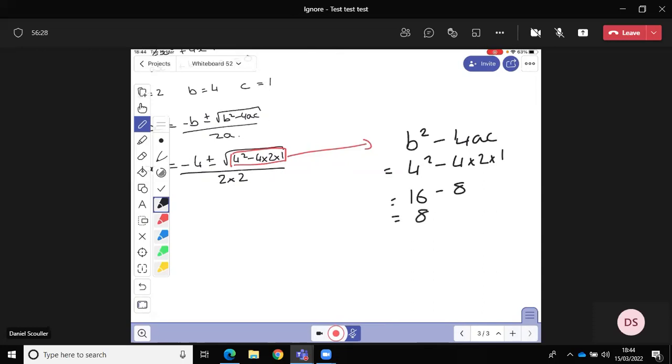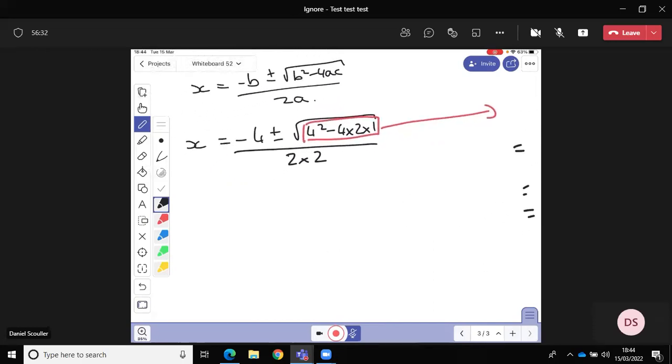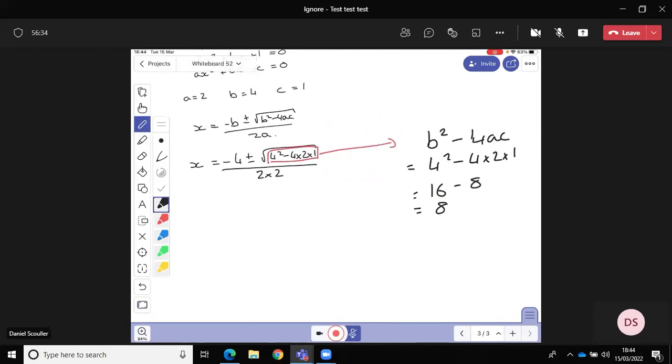So it's 8, and I can substitute that back in. I've just worked out the number under that root, and tidied it up a wee bit so it looks more digestible. That bit on the right hand side serves another purpose as well, and we'll come back to that in a second.